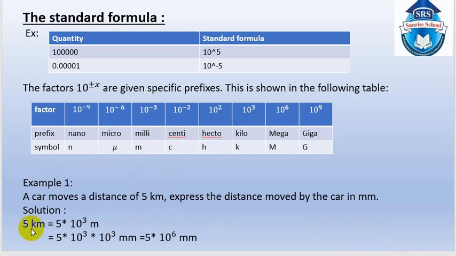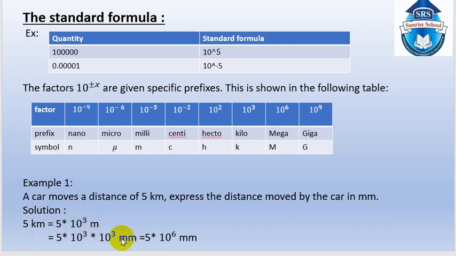So step number 1, remove the prefix kilo, k, and put its value, so that the value equals 5 times 10 power 3. We remove the prefix and put its value. Now I changed the measuring unit from kilometer to meter. Step number 2, change the meter to millimeter.